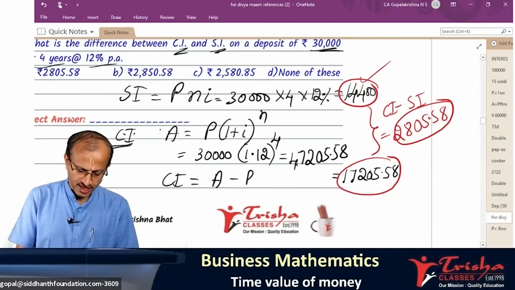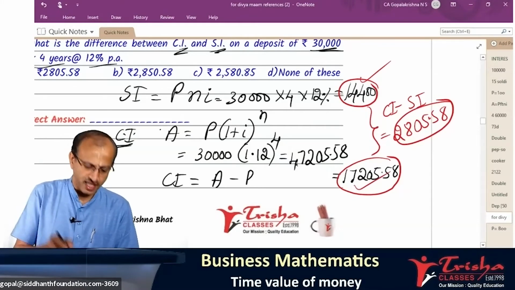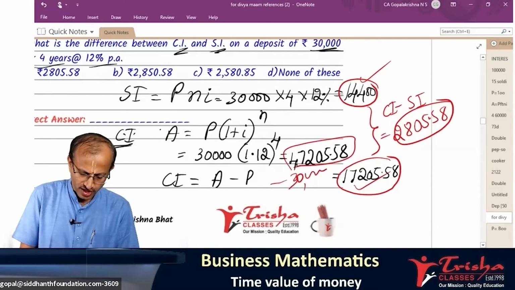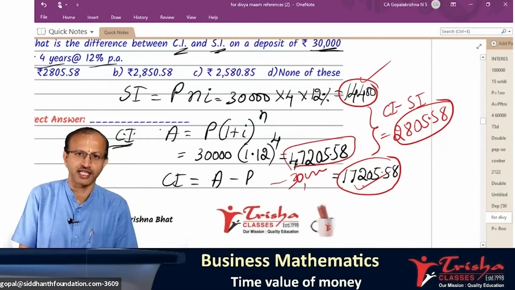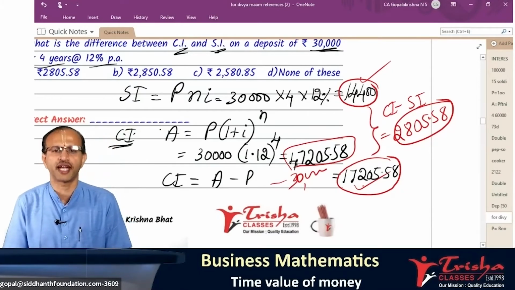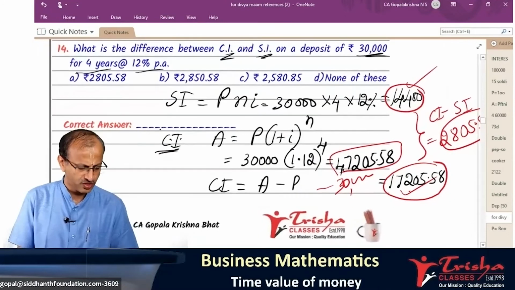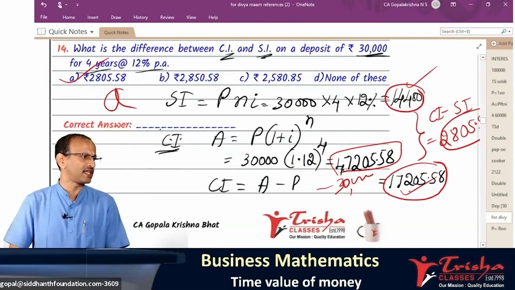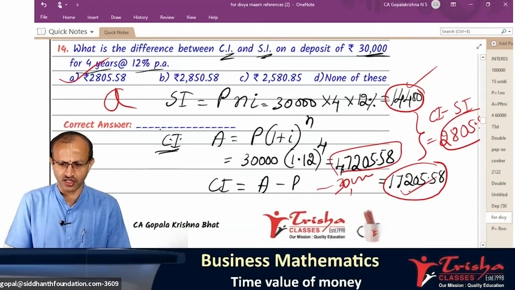So I got SI, I got CI. In CI, we deduct the principal of 30,000. You will arrive at this SI and CI. The question is, what is the difference between CI and SI? The difference is 2,805.58. So the right answer choice is A. Please take the notes.